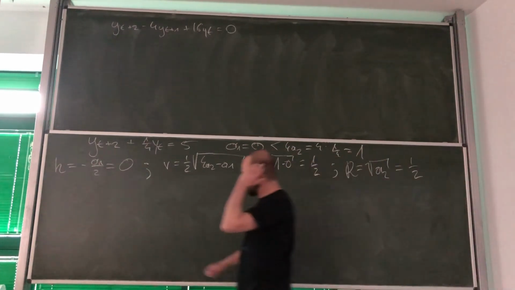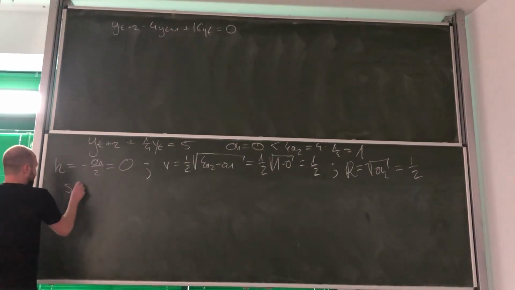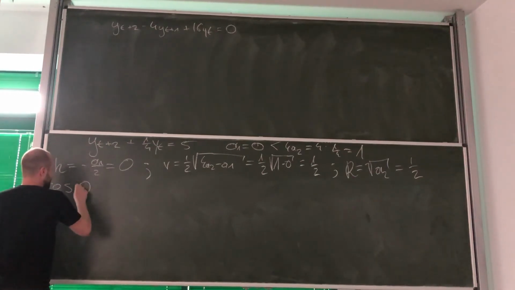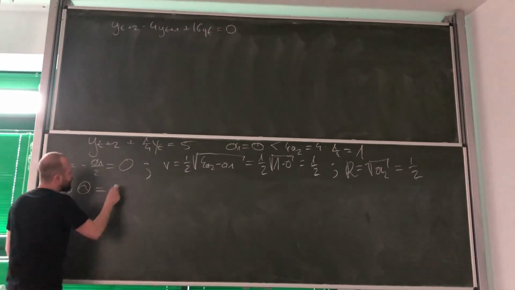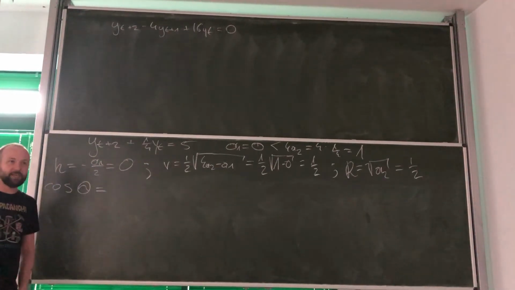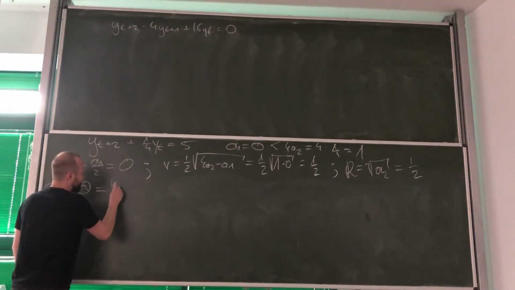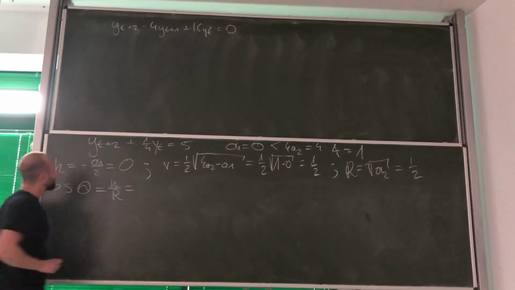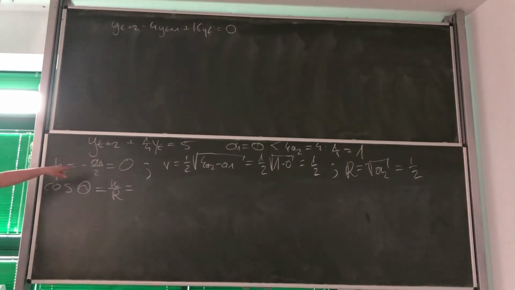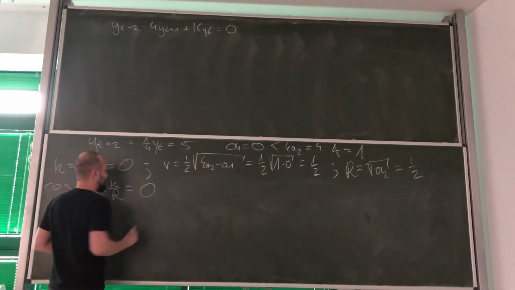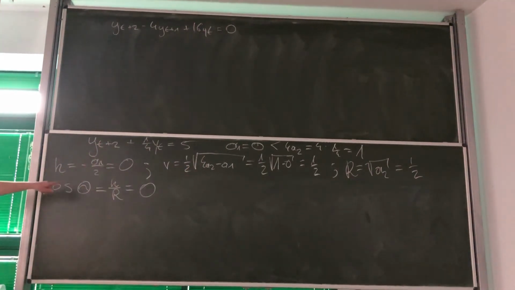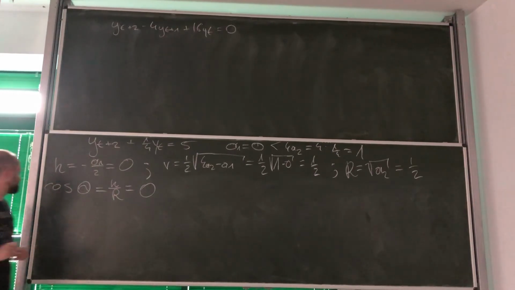So look, first, cosine theta, well, in general, we remember that this is h divided by r. And look, our h is 0, and because our r is non-zero, we see that cosine is 0, right?